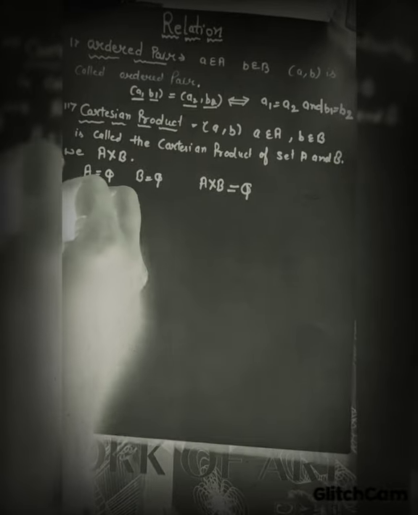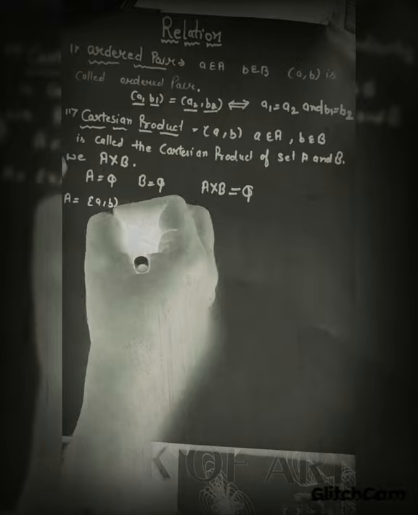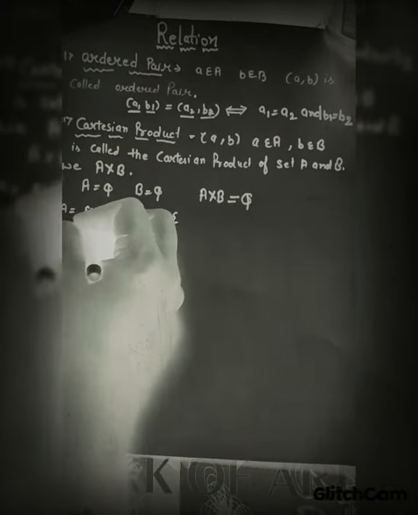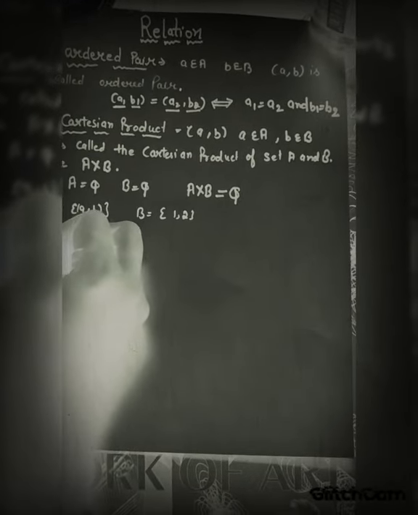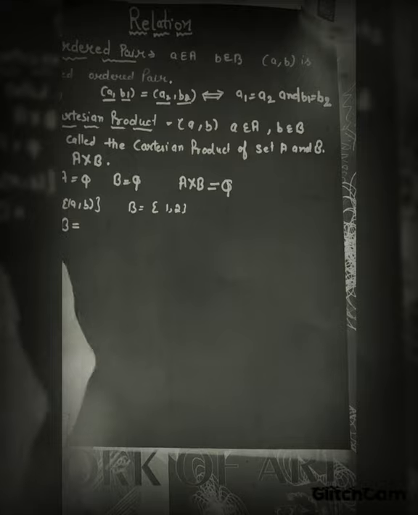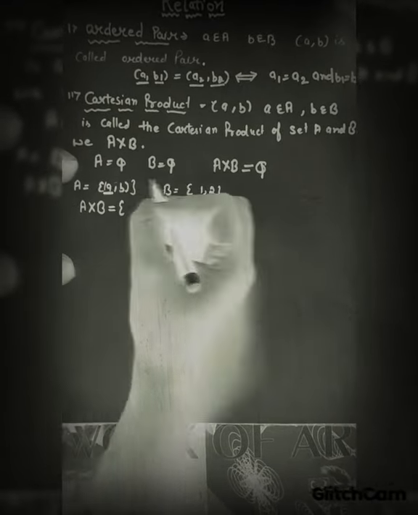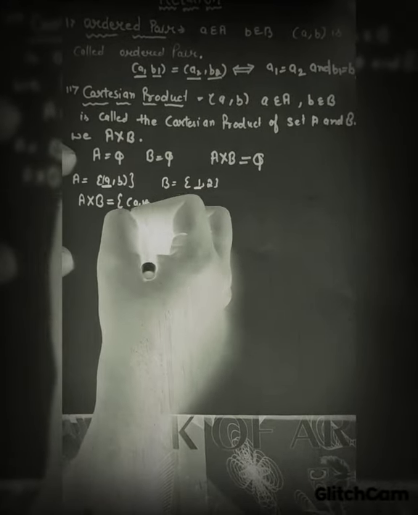Next, if set A has elements a, b and set B has elements 1, 2, then the Cartesian product A cross B is equal to: firstly, write the first element of set A with the first element of set B, (a, 1).